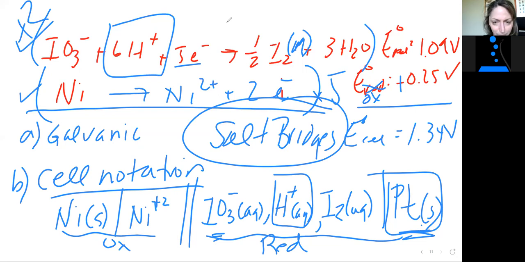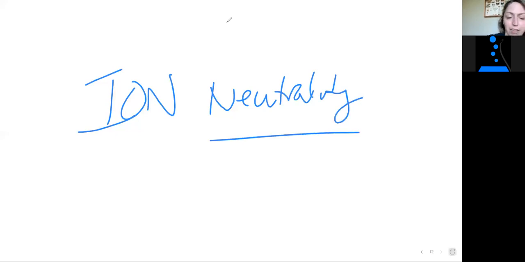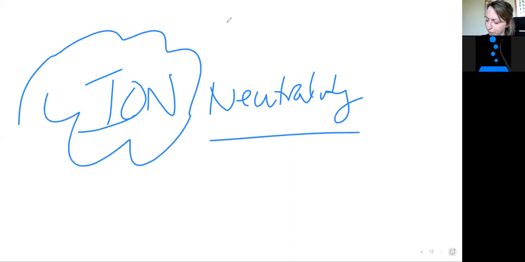You should talk about how you want the ion charges to be balanced out, not just charges. So make sure you talk about ion neutrality, not just neutrality, not just evening out the charges. It's all about making sure the ion charges in the solution are balanced out.